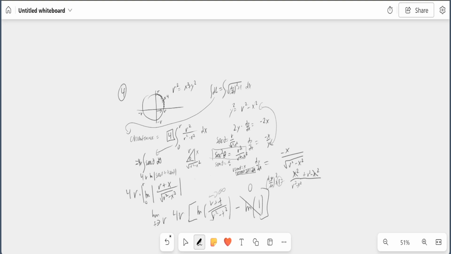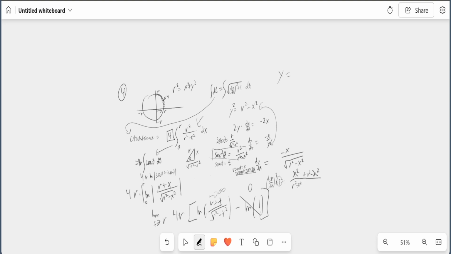Square that. r sine theta, x, r cosine theta. Ln secant plus tangent. Well, this in itself is also an indefinite integral, so I feel like maybe I did go wrong somewhere, right? Because you can't plug in r into this, so maybe my setup is wrong.